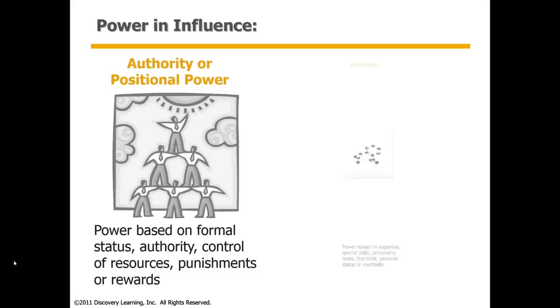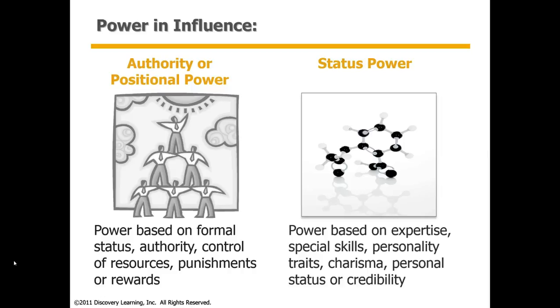There's another kind of power, which is the notion of status power. And status power comes not from the organization. Status power is a relational power, or a power that is granted by the social group, the community, if you will. And the status power can't be given by the organization, and it can't be taken away by the organization.